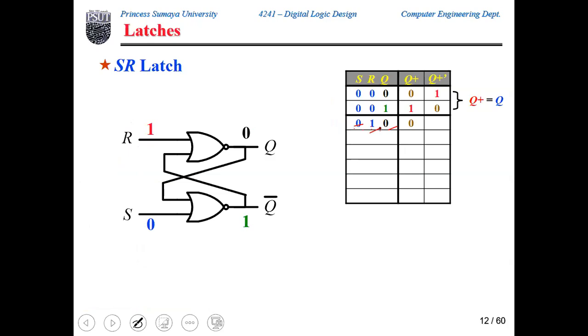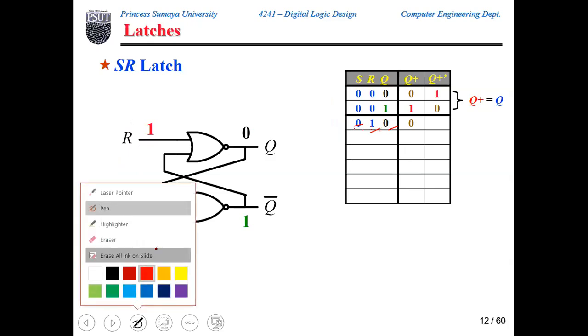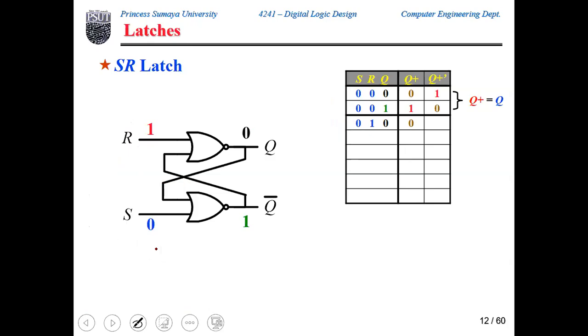What will happen? The same thing, we can analyze the circuit. Here we have 1, and with this, 1 or 1 is 1, complement 0. 0 with 0, complement will become 1. So nothing has changed. The old Q is 0 and the new Q will be 0 also.